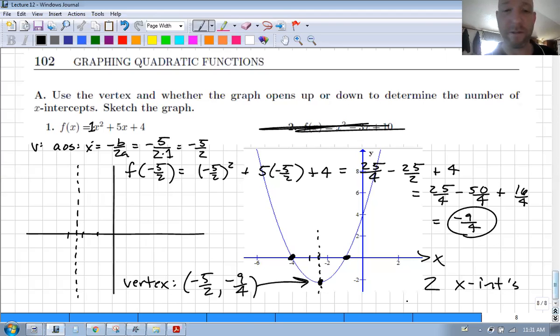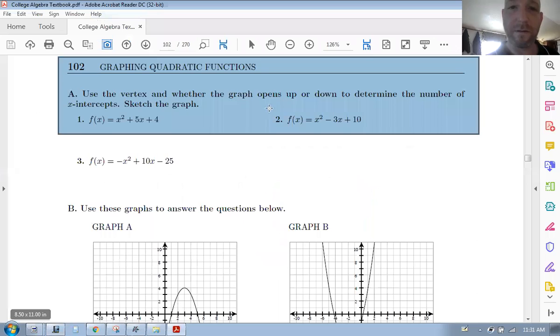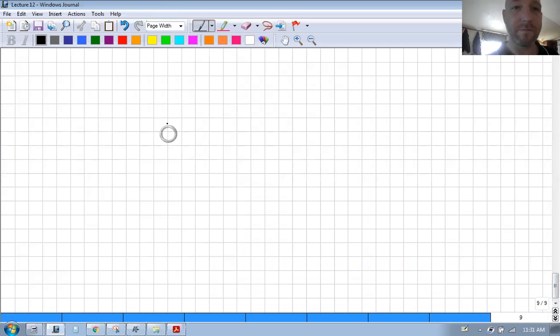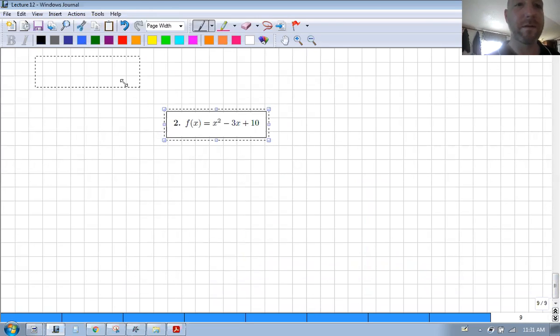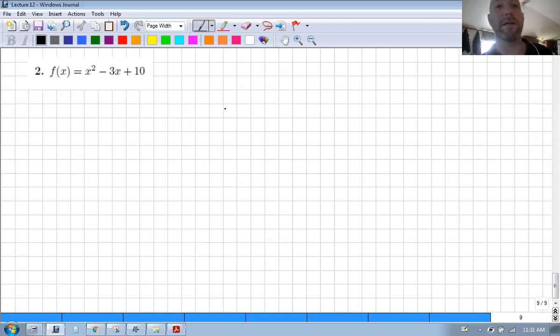All right, let's do another one here. Number 2. Vertex formula. Well, let me write it out.